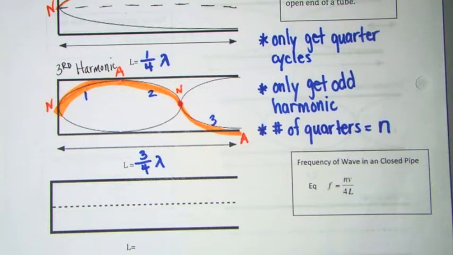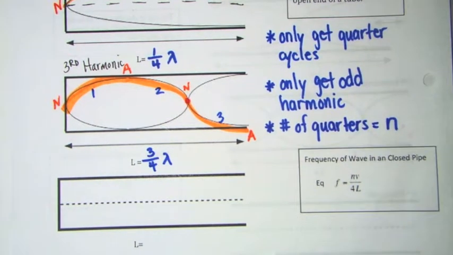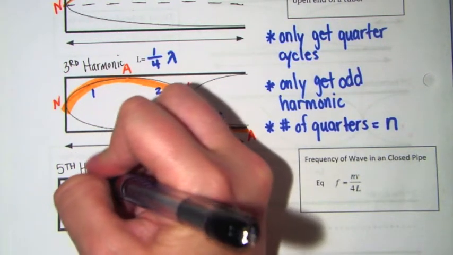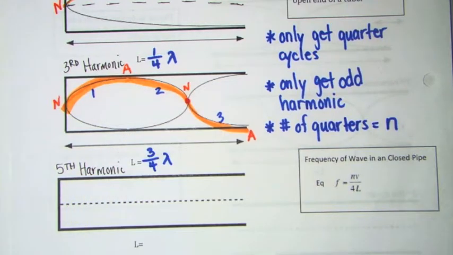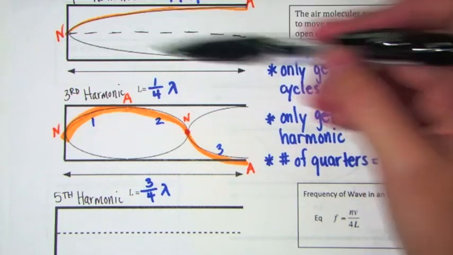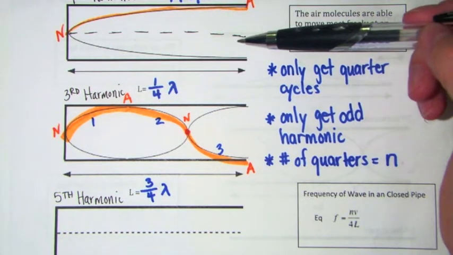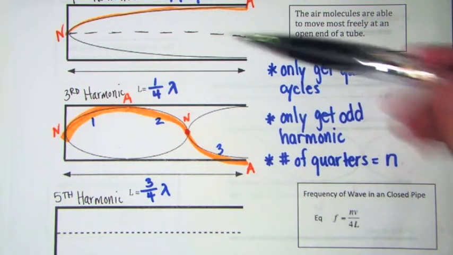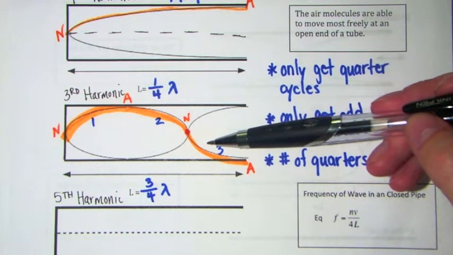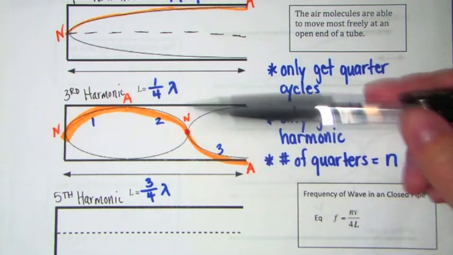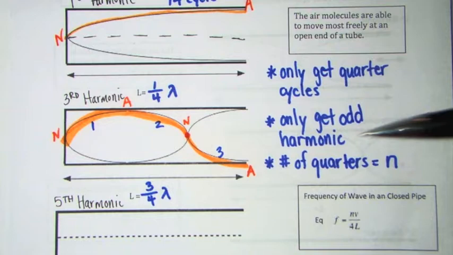So now we look at the next highest harmonic. What would be the next highest after the third harmonic? Yeah, the fifth harmonic is the next one. Okay, so you're adding on. If you notice from the first harmonic, I had half of a circle, or half of an oval, if you will. And then the third harmonic, I have 1.5 ovals. So I added an oval to draw. To go to the fifth harmonic, I'm going to add another oval. So that's going to be 2.5 ovals, or circles, whatever you want them to be.